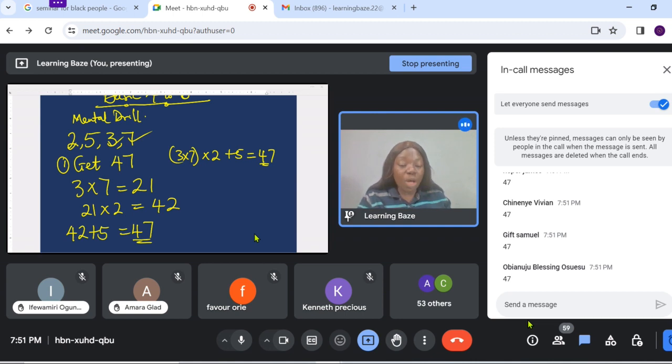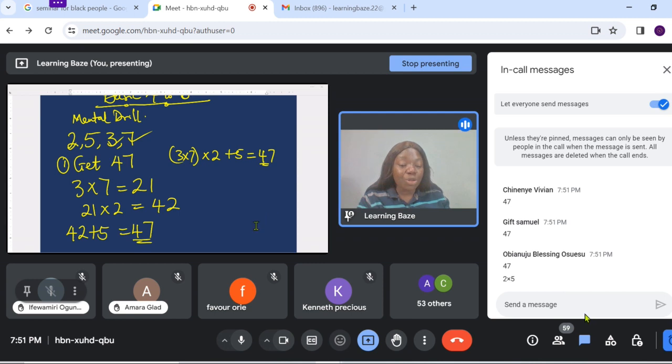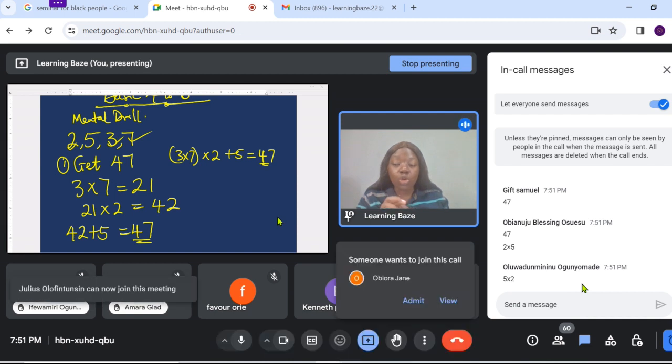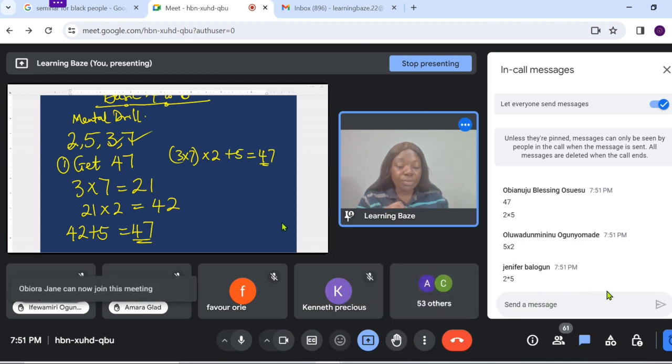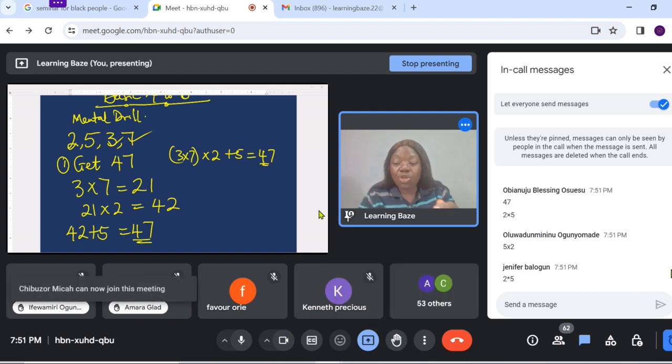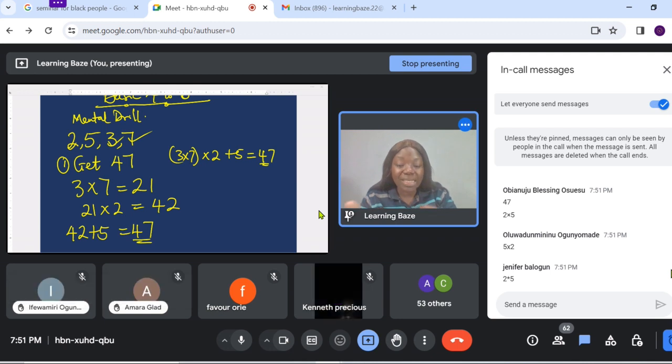Get 10. Then once you have gotten it, type how you got 10. You must use all the numbers. You must use 2, 5, 3, and 7. If you use only 2 numbers for me, I'm not going to accept it. You must use 2, 5, 3, 7 to get 10.